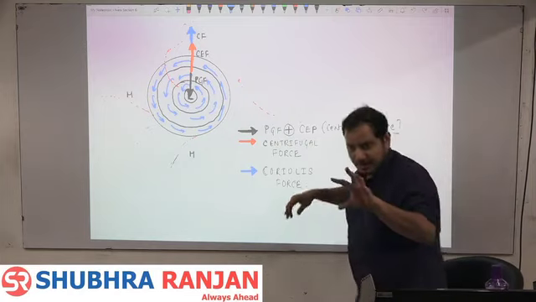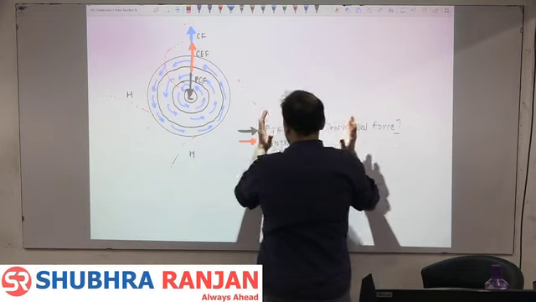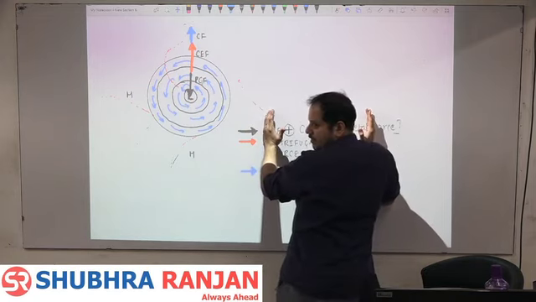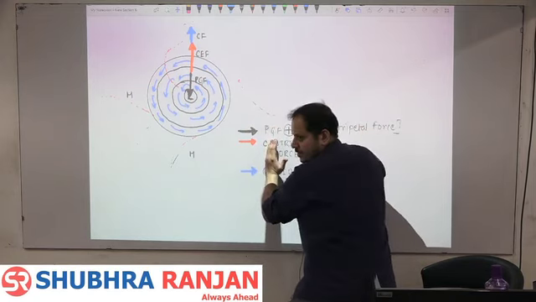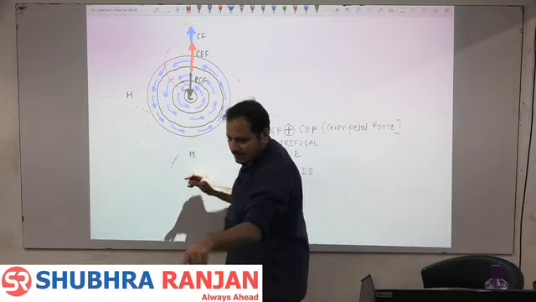Theoretically, see, theory wise, this should be equal to this. These two forces, pressure gradient force plus centrifugal force, should be equal to this. But the net force that is applied, because this is stronger, will be more.